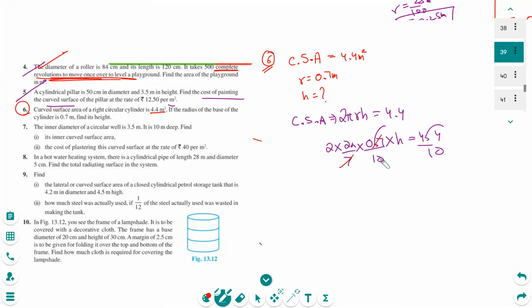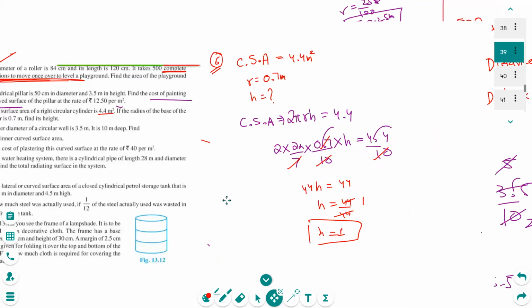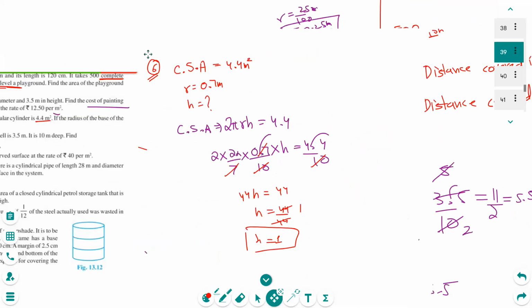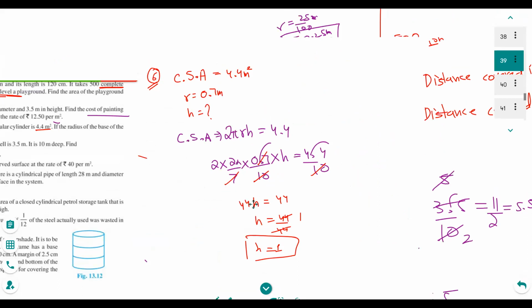You can cancel out 10 with 10 also if you want, because this 10 will come here and it will be in multiplication. This will make your calculation easy. Now 2 times 22 is 44h. h is 44 by 44, that is 1. That is the easiest part of mathematics for me, and I think it should be for you now, right?